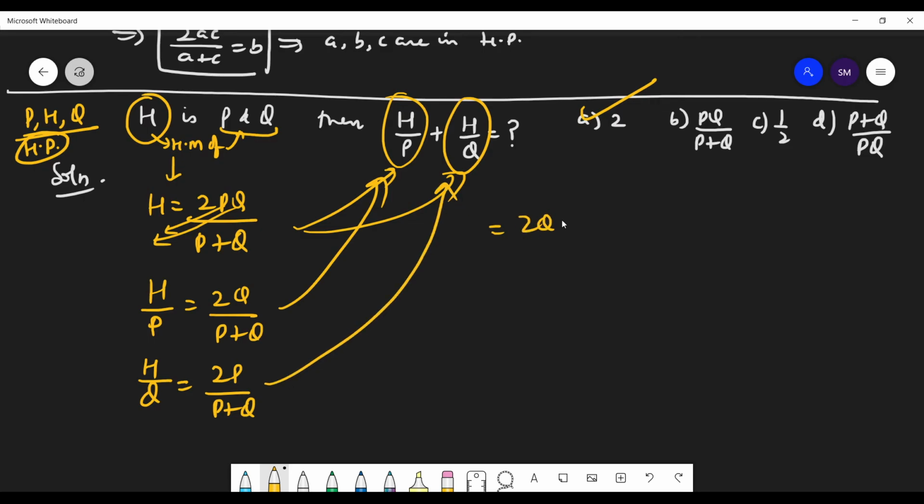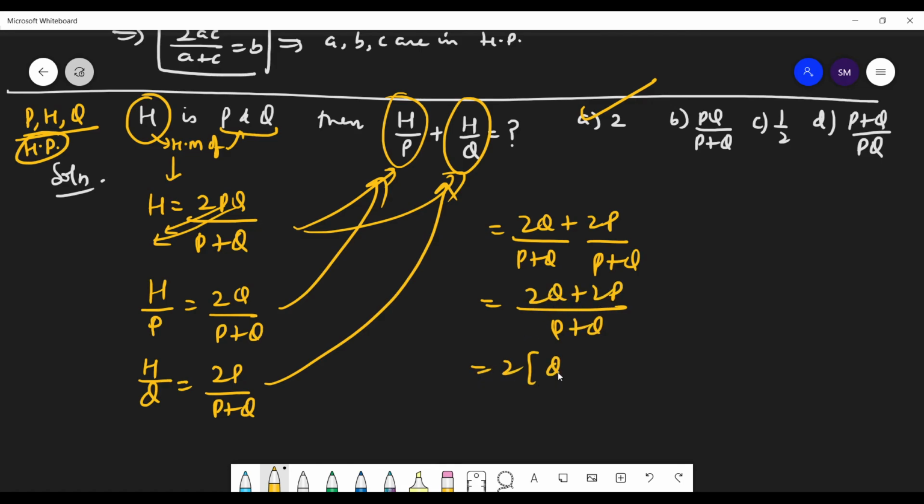So you get 2Q plus 2P upon P plus Q, and that's equals to P plus Q into 2Q plus 2P. So 2 is common, Q plus P, and downward also Q plus P. So this will cancel out. Easy question, students? Yes, sir.